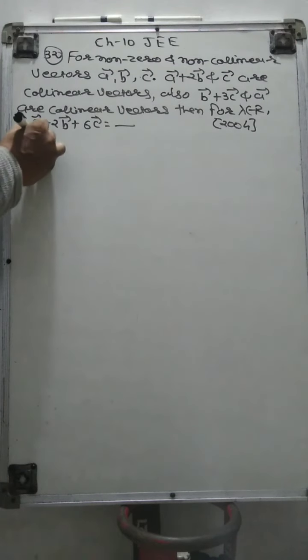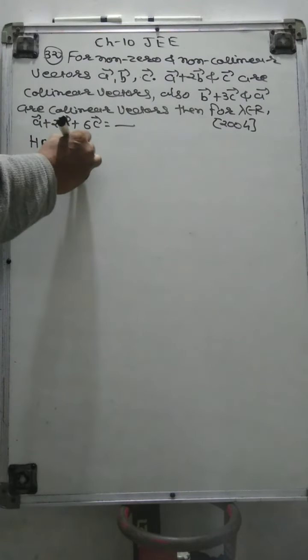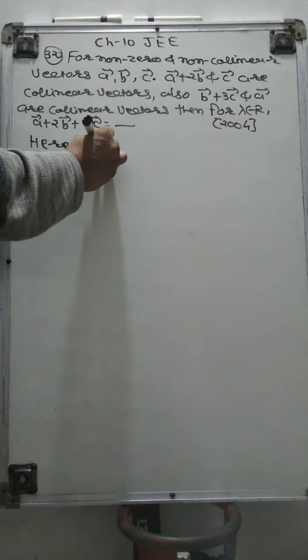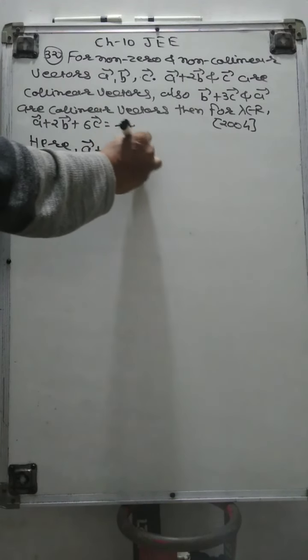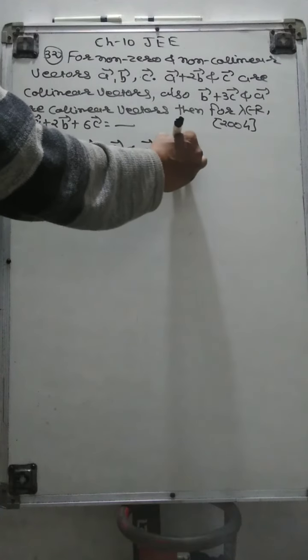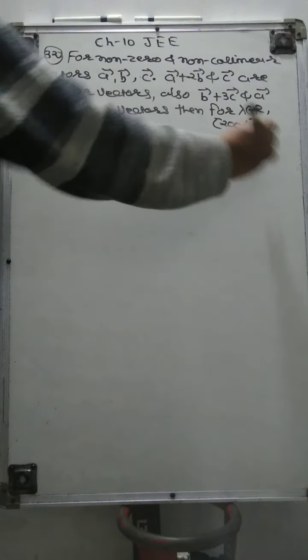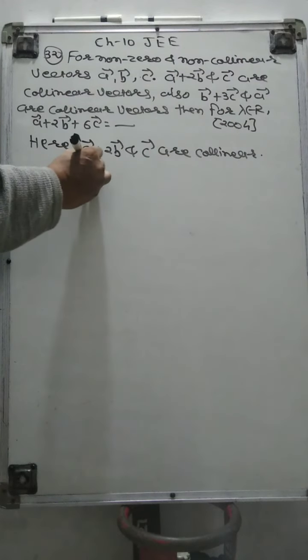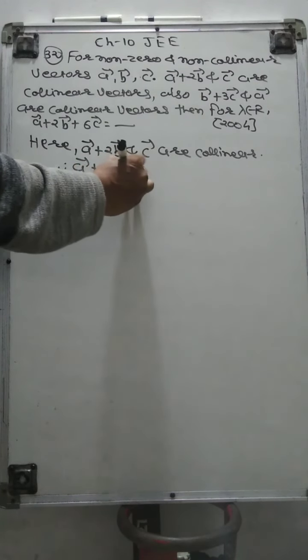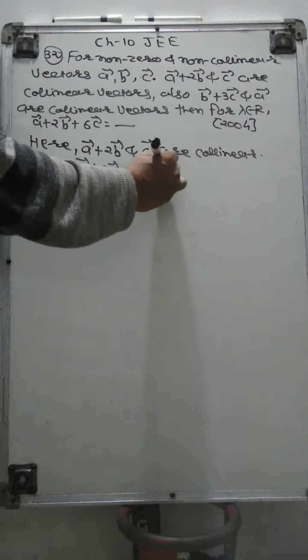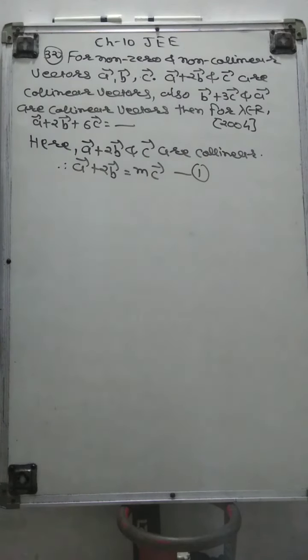So here first of all, a bar plus 2b bar and c bar are collinear. Therefore, a bar plus 2b bar is equal to mc bar, our first result.